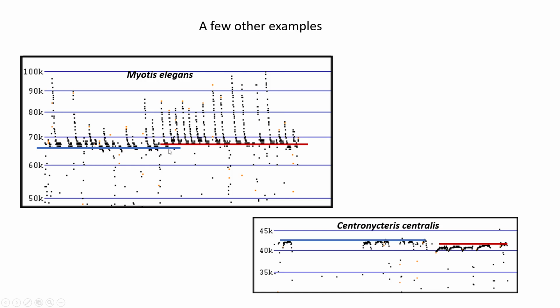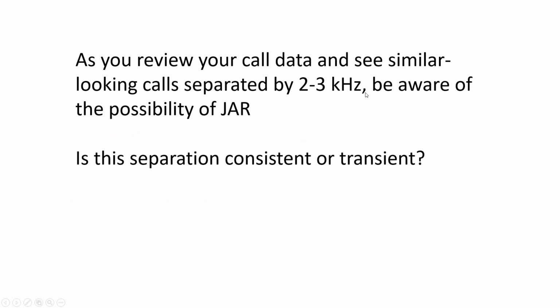The standard diagnostic frequency here, and the second bat came in and shifted its frequency up just a little bit to avoid jamming. The emballonurid Centronycteris centralis, here we have also frequency shifts, so it's not limited to the mormoopids.